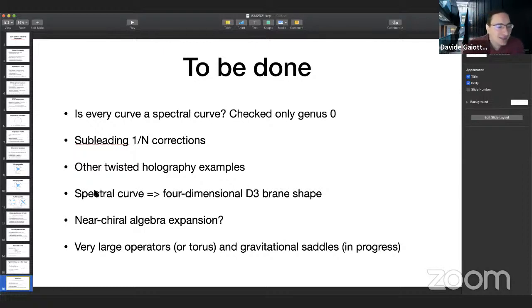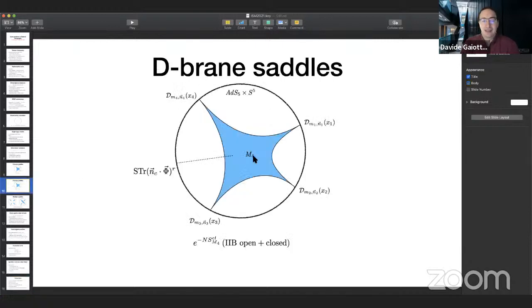I think knowing the D3 brane shapes would also help extending this work beyond the chiral algebra setup. I could study things like a correlation function of chiral algebra determinants, but in the presence of single trace operators which are outside the chiral algebra.